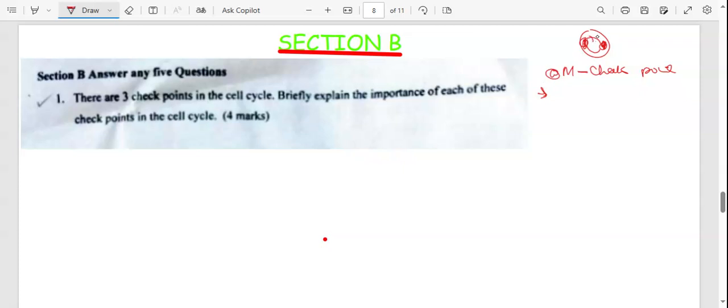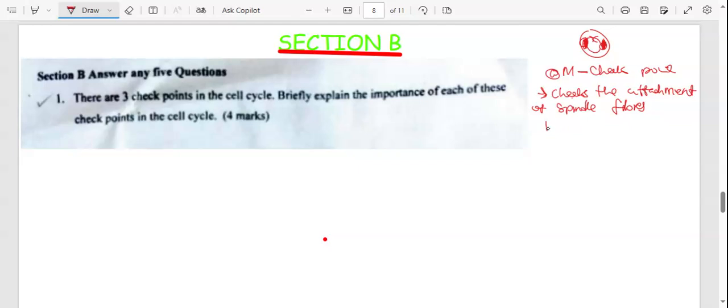Once the chromosomes are there, they'll be attached to these, and that's the reason why it's called the spindle checkpoint. So it checks the attachment of the spindle fibers. All right, so that's about the M checkpoint.